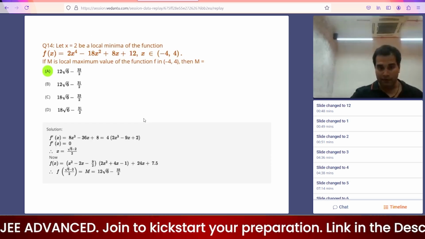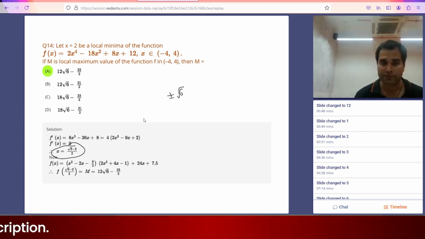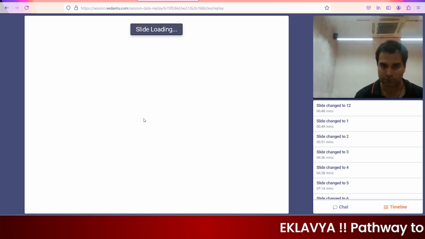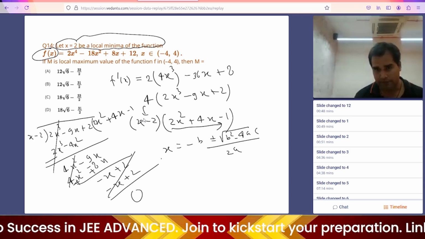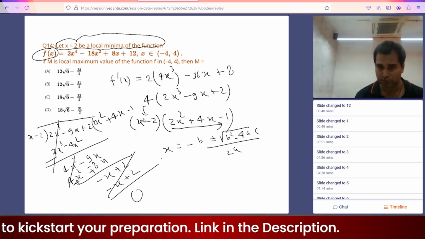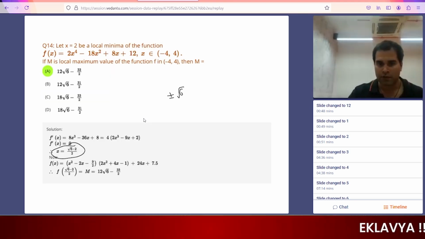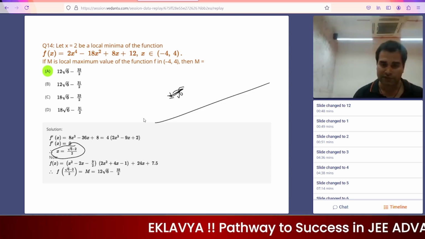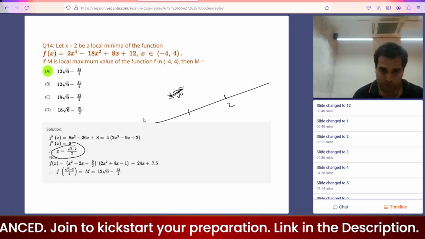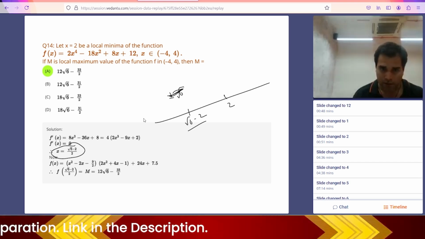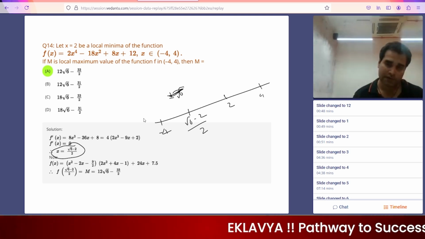Here we get plus minus root 6. Now we draw a number line and mark the points 2 and root 6 minus 2 by 2, along with minus 4 and plus 4.